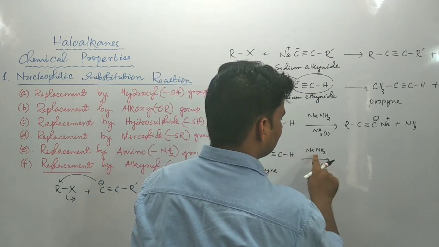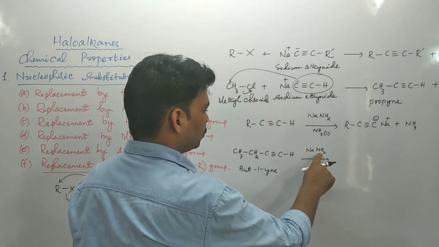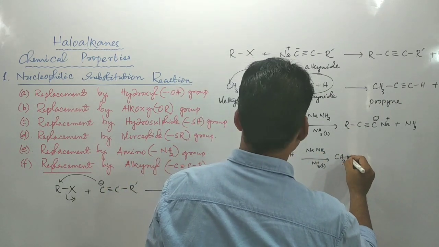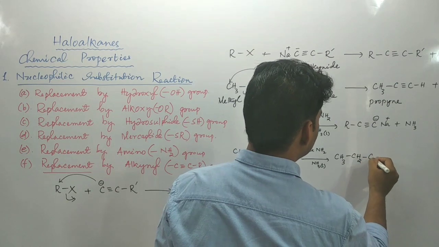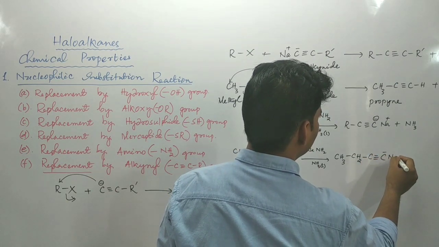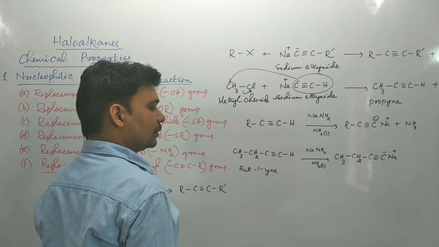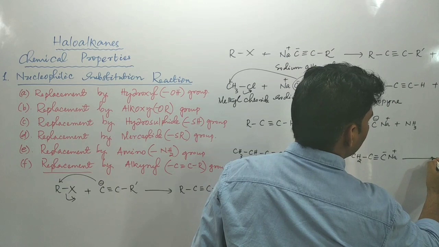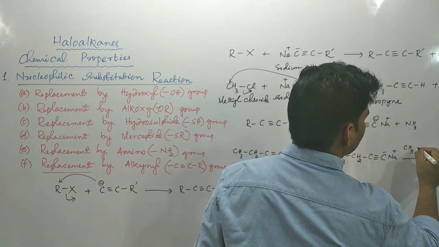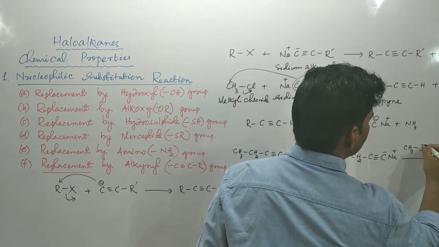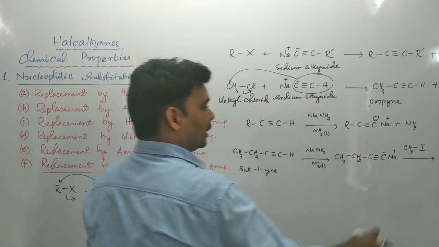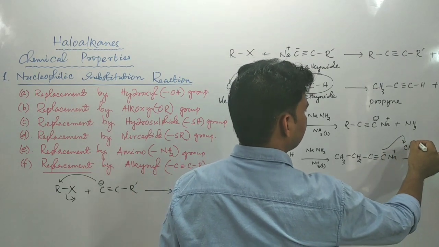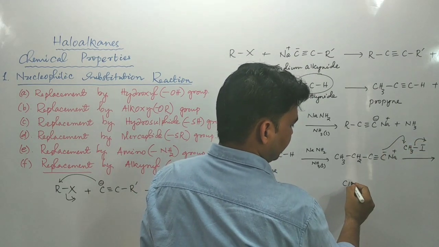This H+ ion will go with this NH2 group to form NH3, and your alkynate would be CH3CH2C≡C- Na+, sodium butynate. When this sodium butynate is treated with one alkyl halide, let us have CH3I, methyl iodide, then as a result of their nucleophilic substitution reaction, what would be the product obtained?